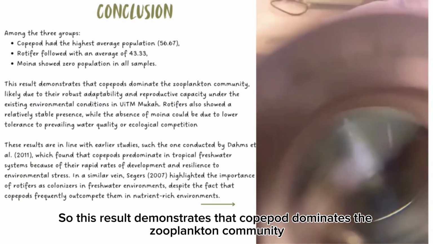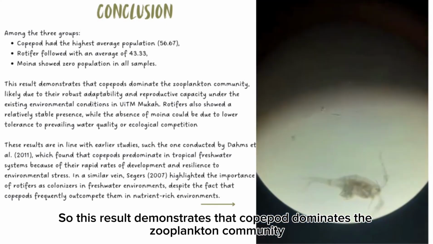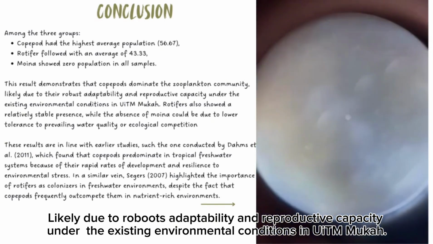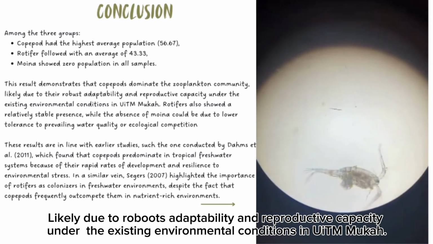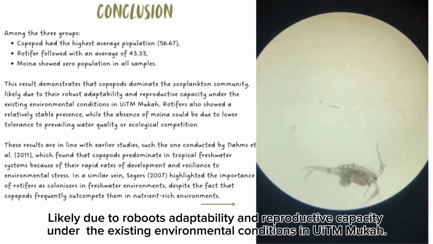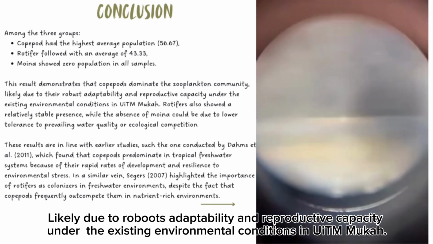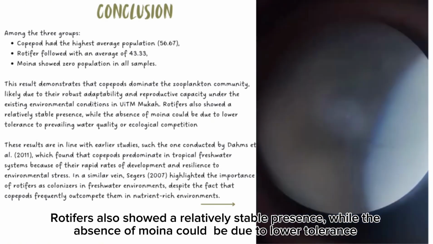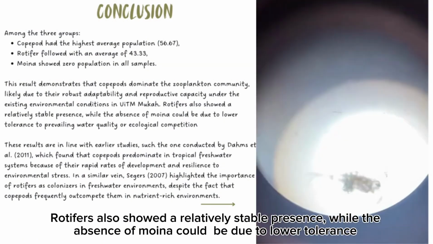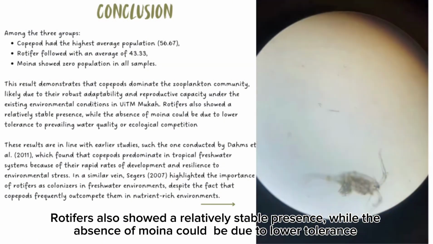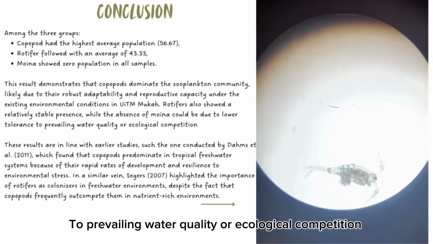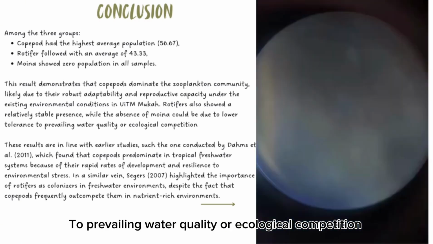So, this result demonstrates that copepod dominate the zooplankton community, likely due to their adaptability and reproductive capacity under the existing environmental condition in UiTM Mukah. Rotifer also shows a relatively stable presence, while the absence of moina could be due to lower tolerance to prevailing water quality or ecological competition.